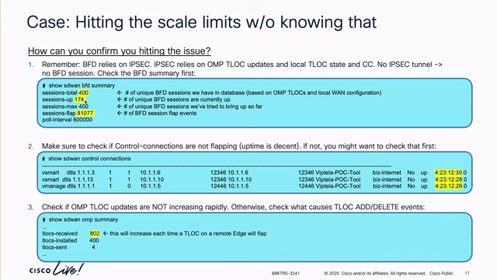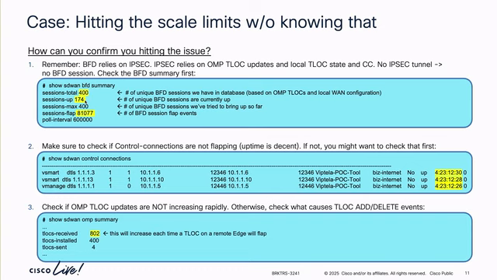Finally, I would recommend to check the OMP statistics as well, to really see if the number of TLOC updates, TLOC routes, is increasing rapidly, because that would be an indication of abnormal, unexpected behavior. You're actually supposed to see a slowly increasing counter, not a fast increasing one.